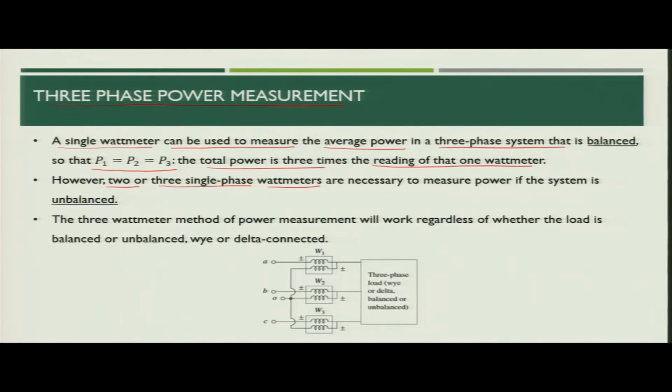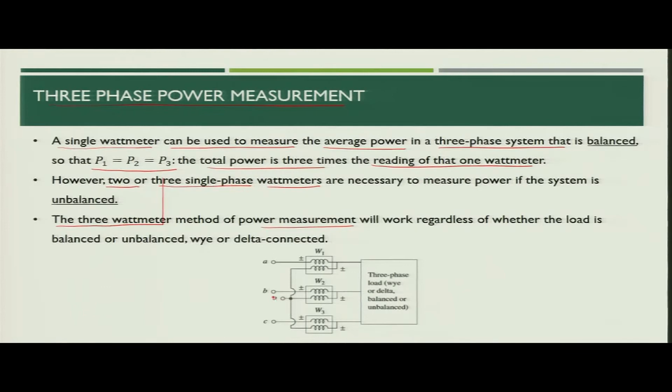Let us first try to understand how we will use the 3 wattmeter method for power measurement. We will use the wattmeters connected in each phase of the line. So, how will we connect? We will connect the current coil in series and the potential coil in parallel.